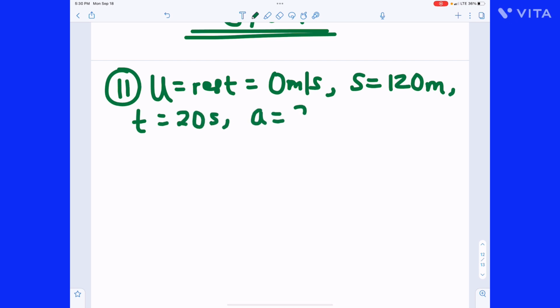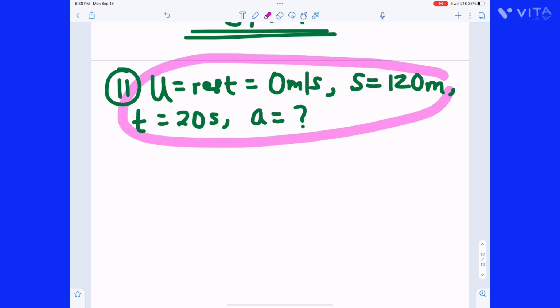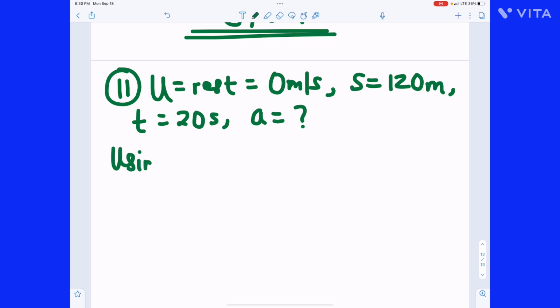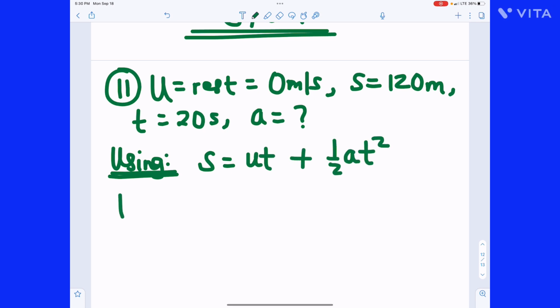We need the acceleration. This is also a question involving S, U, A, and T. So the most suitable equation of linear motion to use is S is equal to ut plus half a t squared.